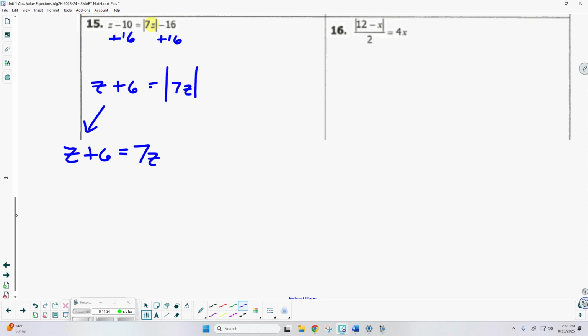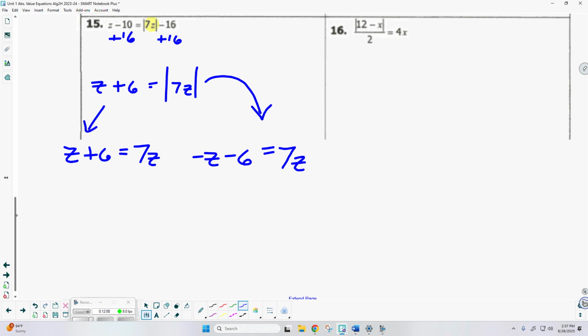Okay. The bars are gone. Now, for the second equation, you are losing the bars, so I've still got 7z. What happens on the other side, though? We take the opposite. We change the sign of everything. So this positive z is now a negative z. Plus 6 is now minus 6.